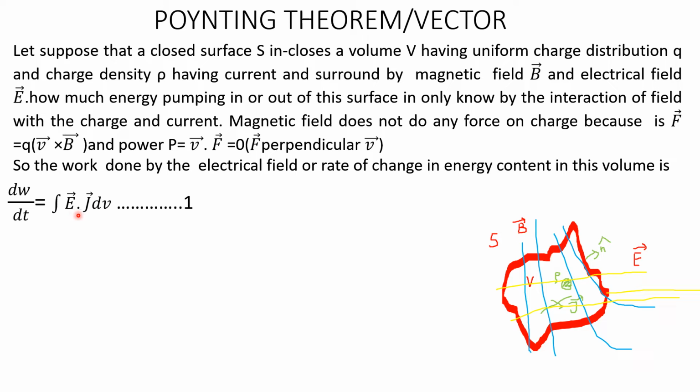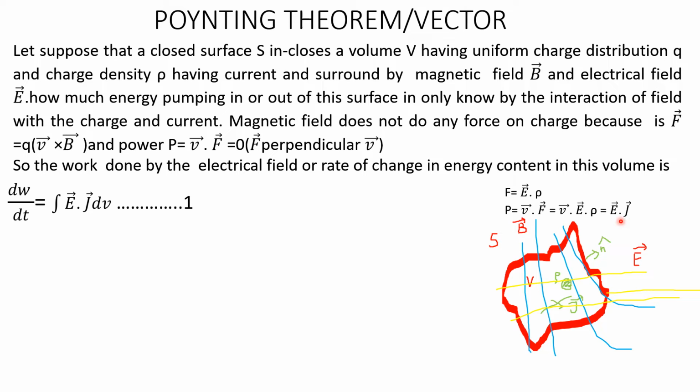Now from where do we get this E dot J? As we know, force is equal to the electric field multiplied by rho. What is rho here? It is the charge density. So the electric field multiplied by the charge density gives force, and as we know, power is equal to velocity multiplied by force. So if we put the value of force in terms of E and rho, then rho multiplied by velocity becomes J. All of you know this from the derivation of drift velocity.